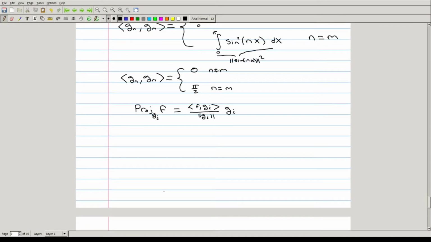And what's incredible here is we define our approximation function, fa, as the sum of the projection along each one of these functions, gi.